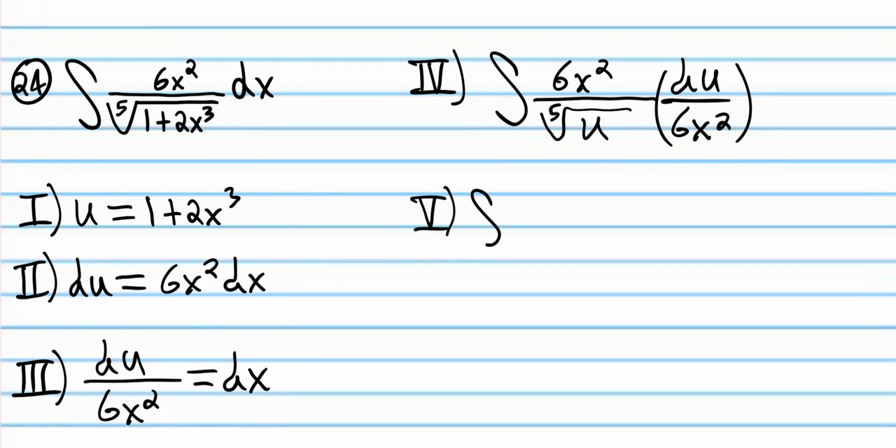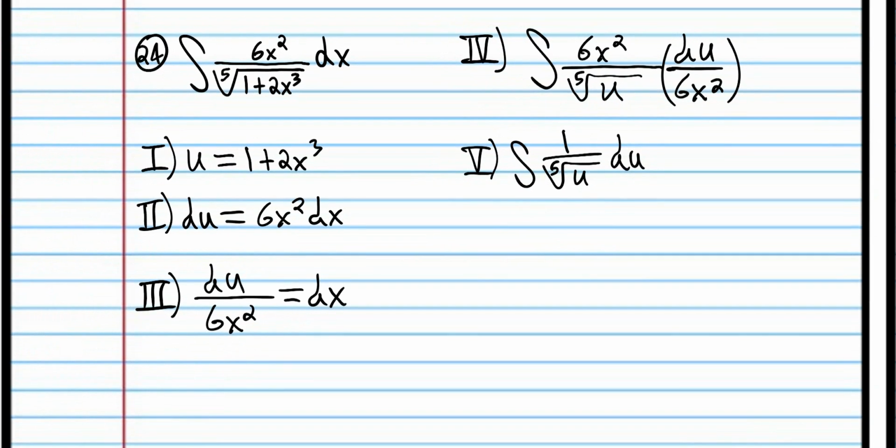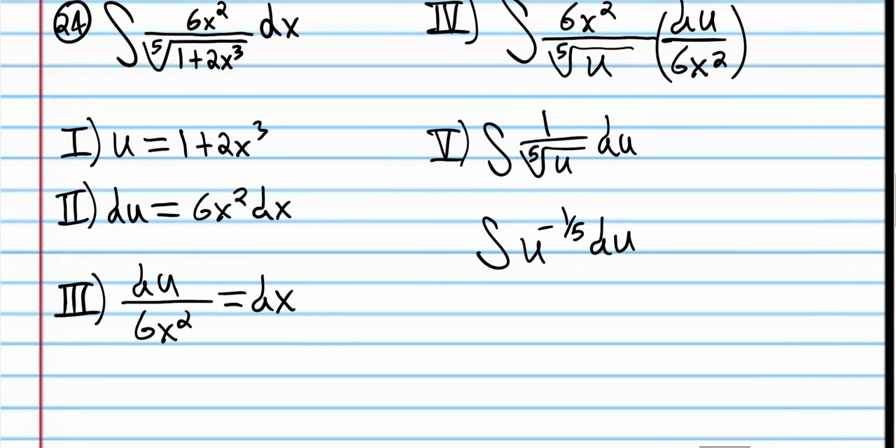So we have the integral of 1 over the 5th root of u times du. Before we find the antiderivative, I'm going to move that up to u to the negative 1/5 power. Remember, we don't know how to find the antiderivative when it's in that form.